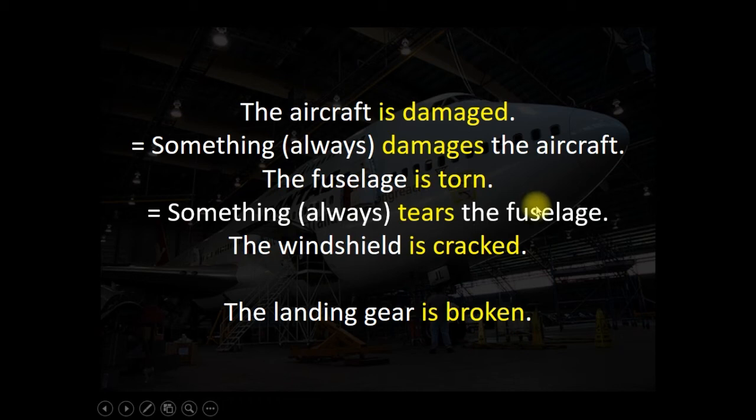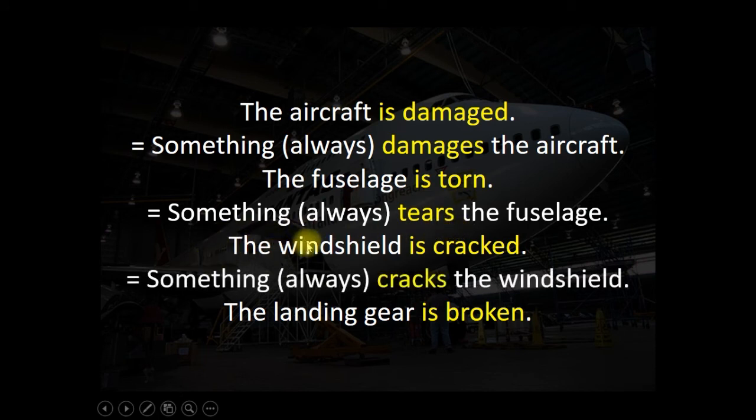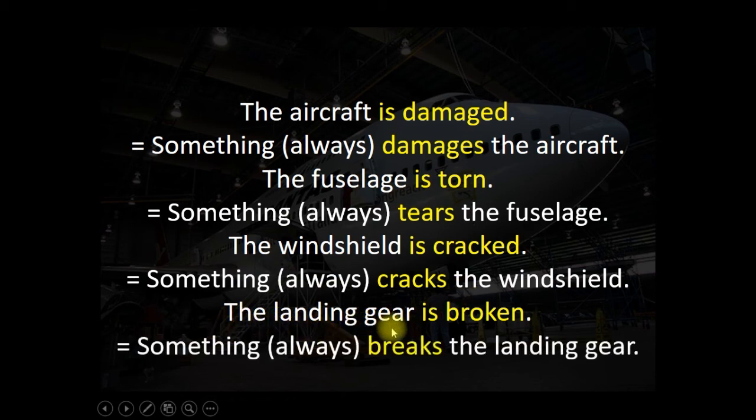That doesn't really make sense either. Or the windshield is cracked is the same as saying something always cracks the windshield, or something usually cracks the windshield. Likewise, the landing gear is broken. Something always breaks the landing gear. So again, notice that this is present simple tense, and this is present simple tense. The same idea with all of these.